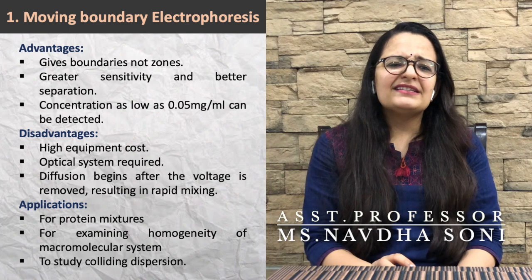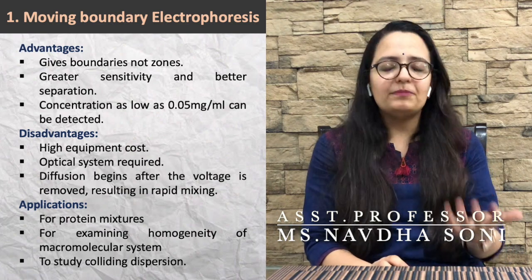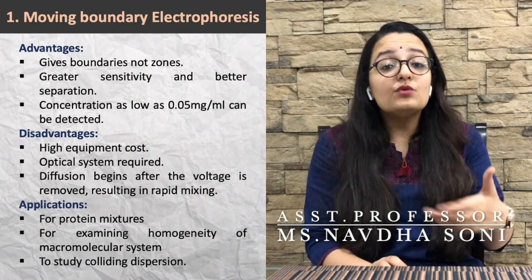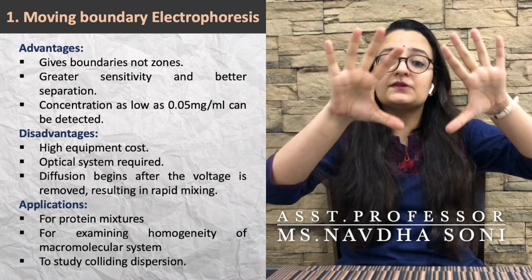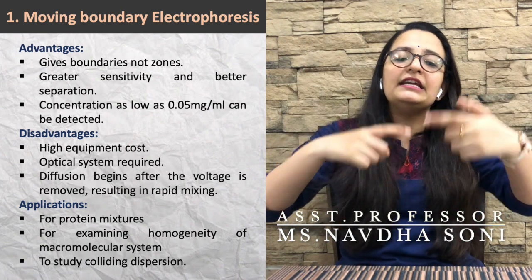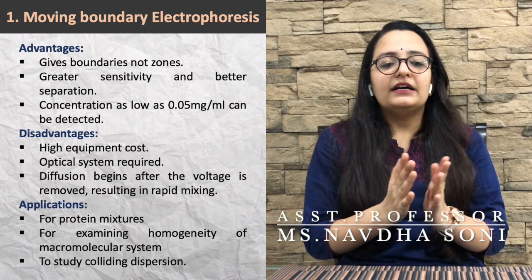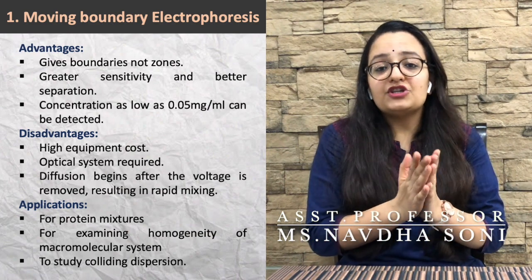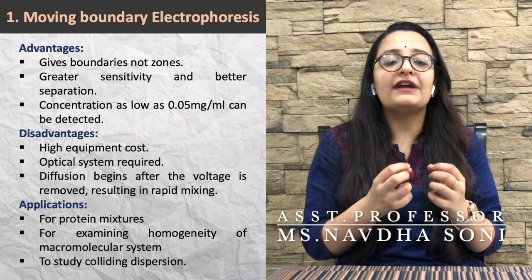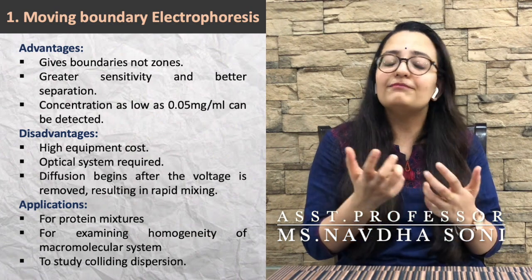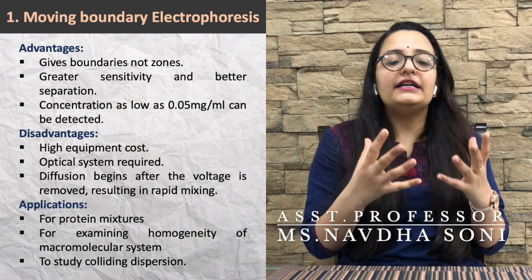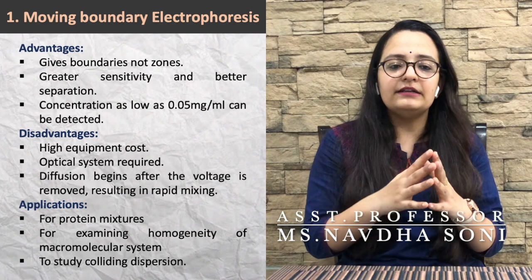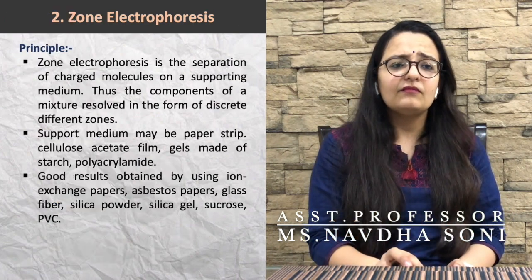Some disadvantages are high equipment cost, an optical system is required, and diffusion begins after the voltage is removed, resulting in rapid mixing. It is generally used for the separation of protein mixtures, for examining homogeneity of macromolecular systems, and for the study of colloidal dispersions.